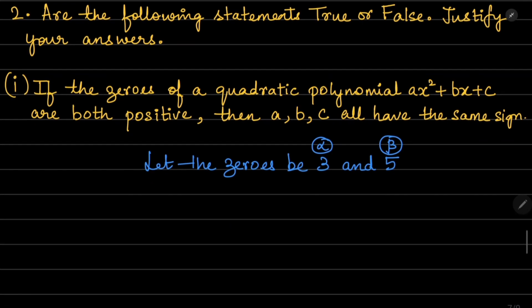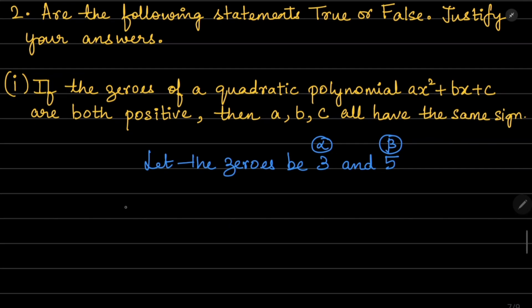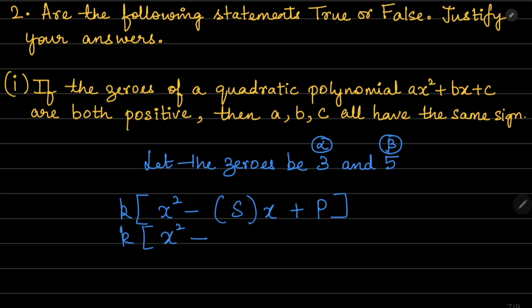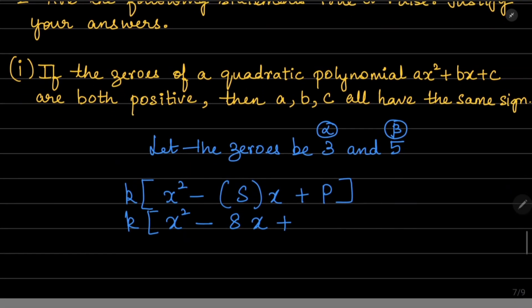How will you write a quadratic polynomial if you know the zeros? k multiplied by x square minus the sum of zeros times x plus the product of zeros. So k multiplied by x square minus what will be the sum? 3 plus 5, 8x, plus 3 into 5, which is 15.